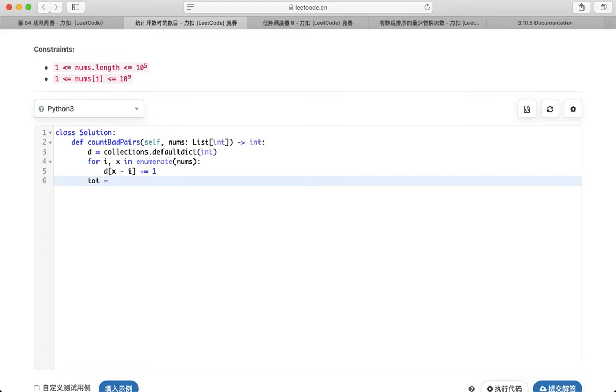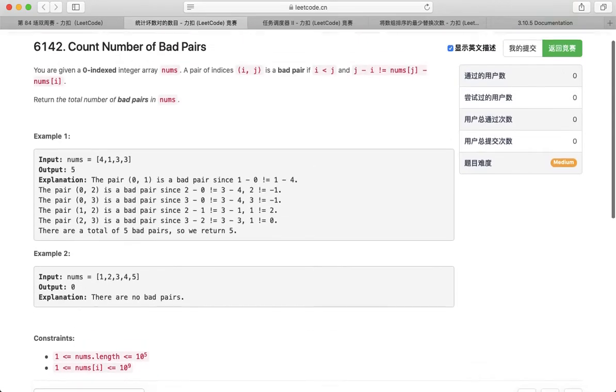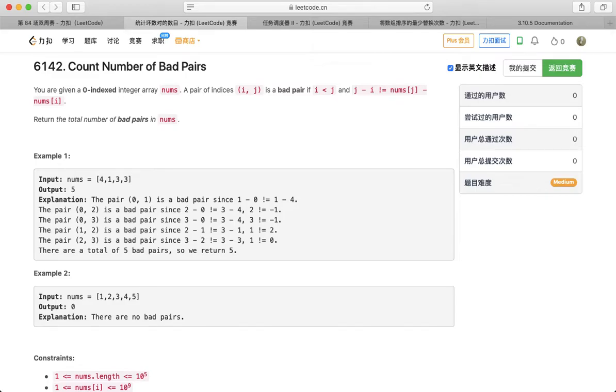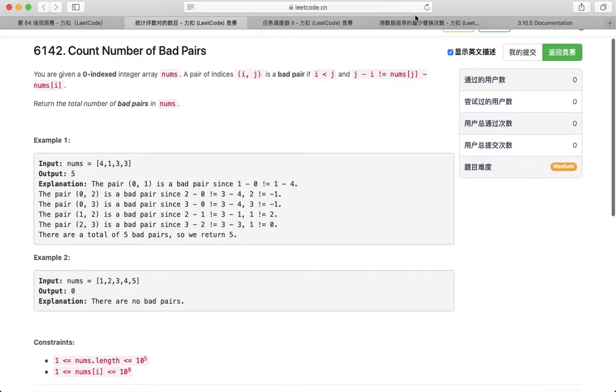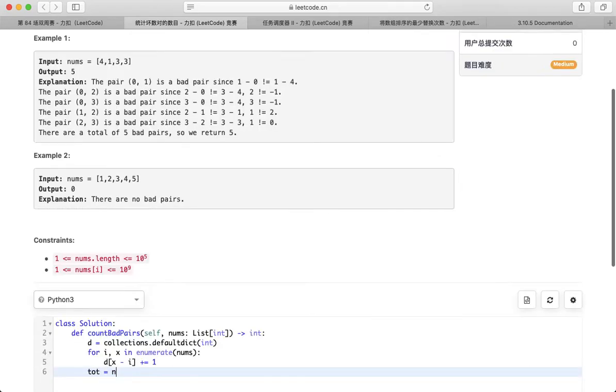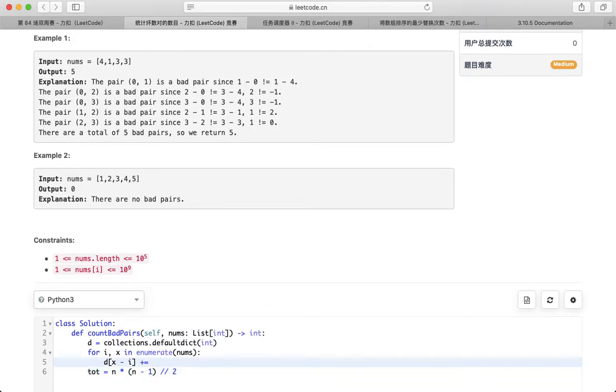The number of total pairs is, so we consider unequal pairs, which is n times n minus 1, and we divide them by 2, where n is the length.